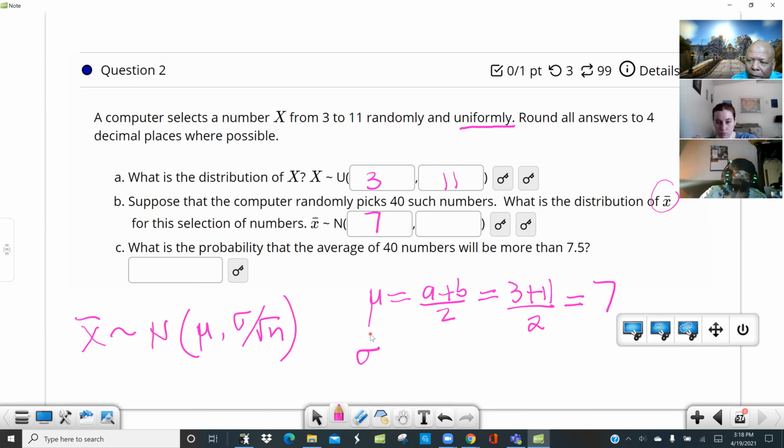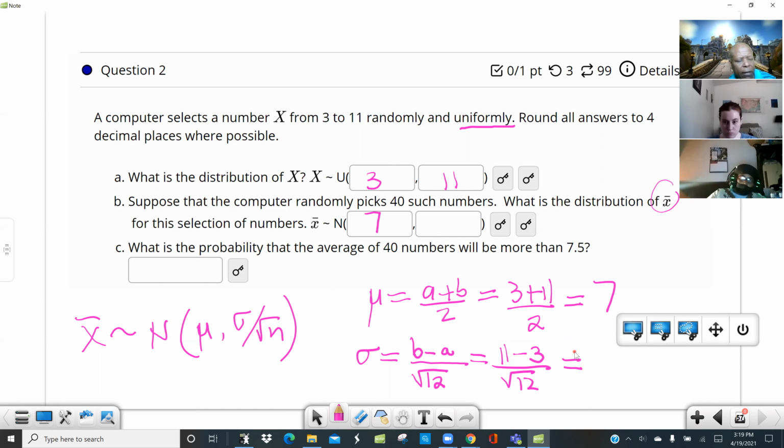Now, the standard deviation of the population is B minus A over root 12. 11 minus 3 is 8. If I divide 8 by the square root of 12, I get 2.3094.